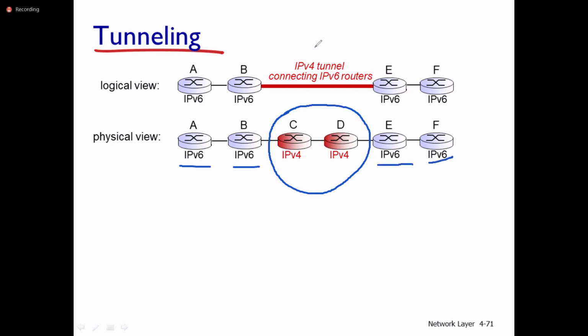But logically, IPv6 routers are connected by using an IPv4 tunnel. This is called tunneling.